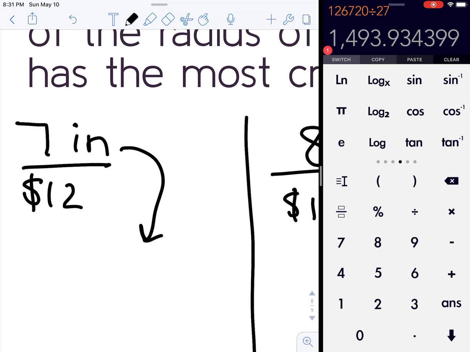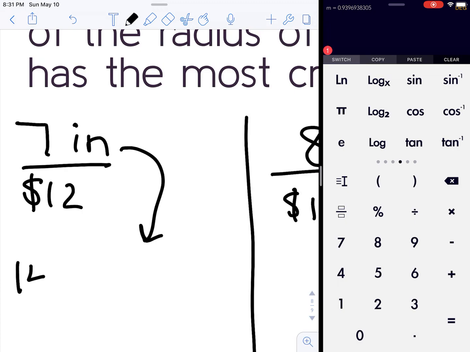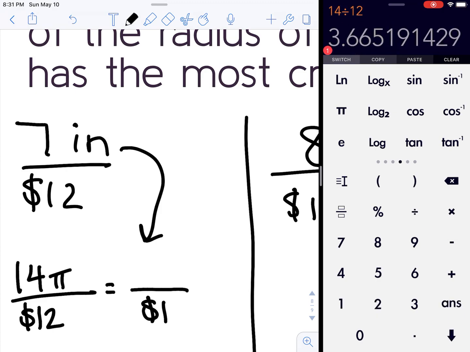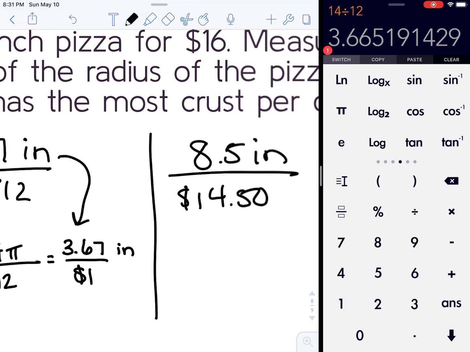So on this pizza, 7 is your radius, so you have 14 pi inches for $12, which means my unit price is 14 pi divided by 12. We're going to call it 3.67 inches per $1.